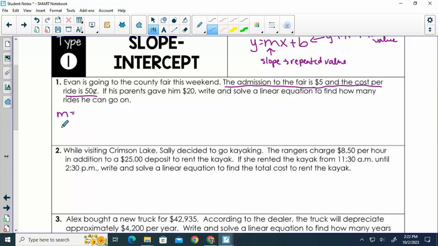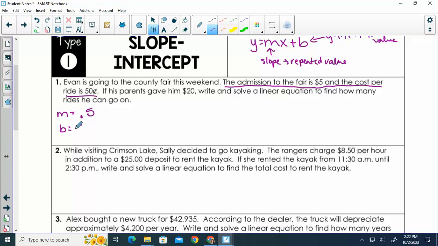Which of those fees does he have to pay more than once? The 50 cents. Since I'm doing everything in dollars, I'm going to put that as 0.5. Okay, so that's my slope because he has to pay that for every ride he goes on. It is repeated. What is his one-time fee?